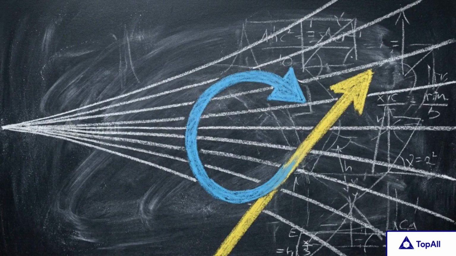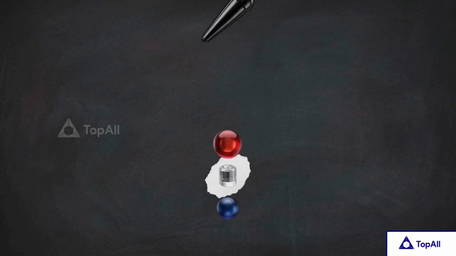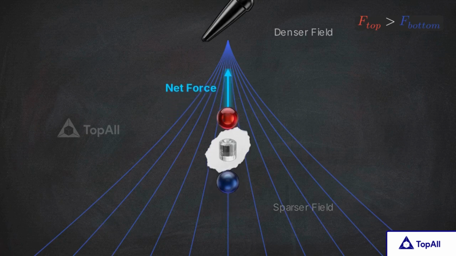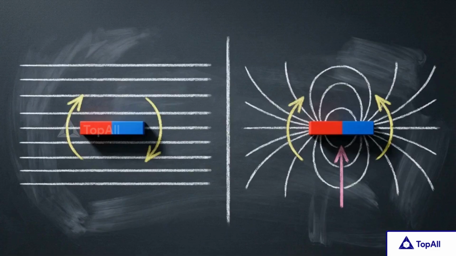Now we combine that alignment with the mechanics of the non-uniform field. Because the molecules rotated, positive charges are physically closer to the comb, sitting in a denser field than negative charges. This ensures the attractive force is always stronger than the repulsive force, resulting in a physical pull lifting the paper to the comb. The rule is consistent.